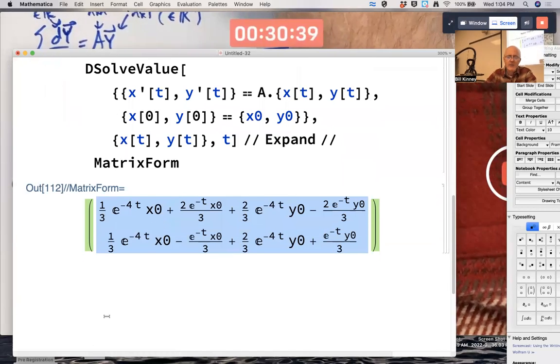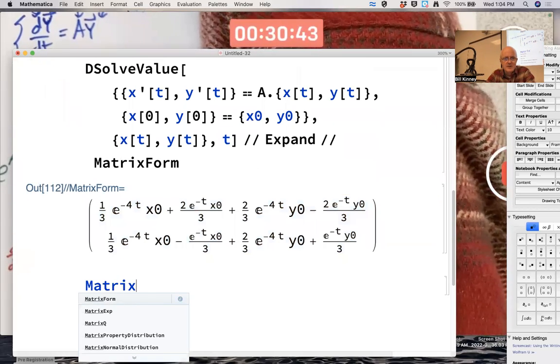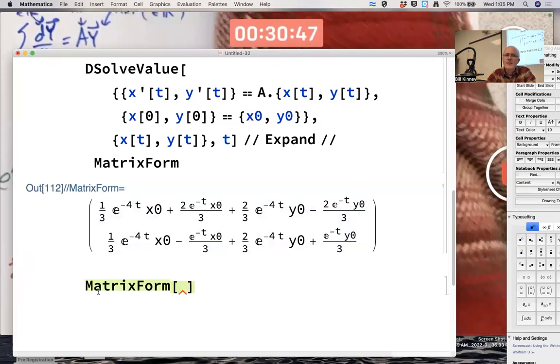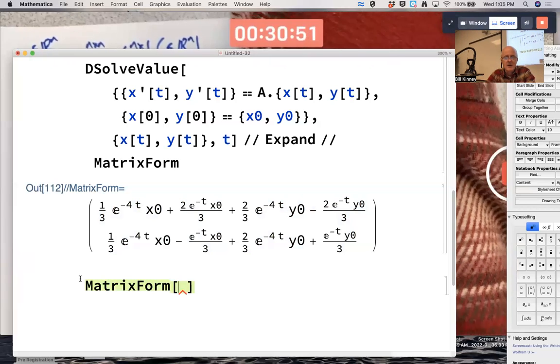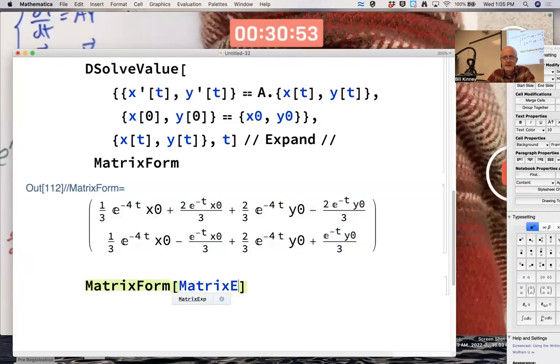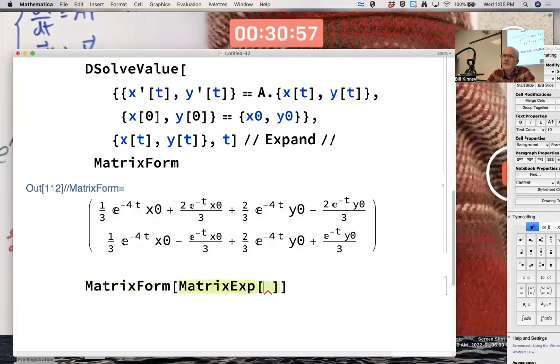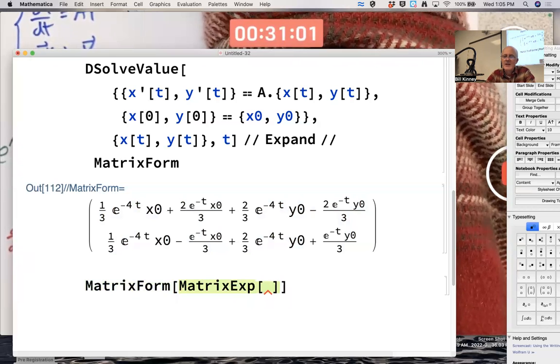So according to what we just did, I should be able to get the same exact answer that I got with DSolve if I use that matrix exponential, which in Mathematica can be found with MatrixExp. Mathematica knows A is a matrix.